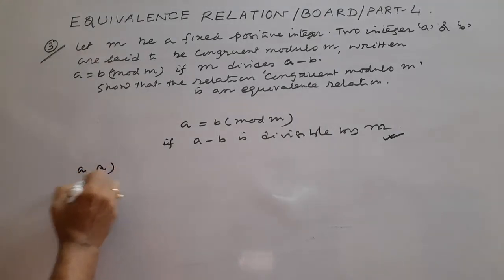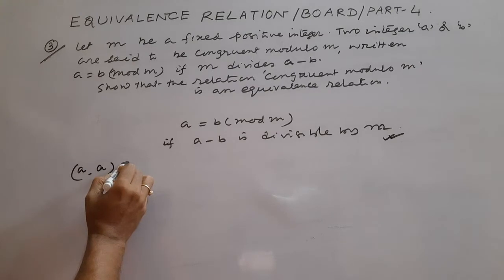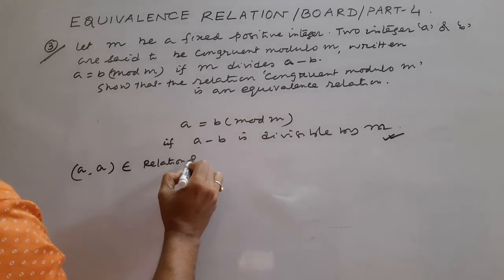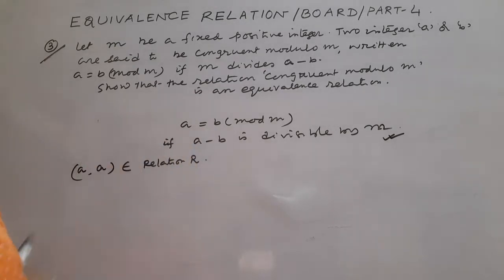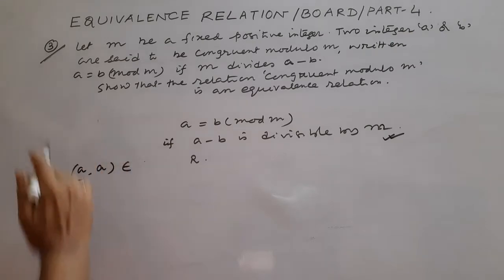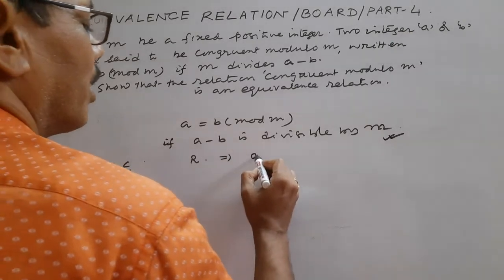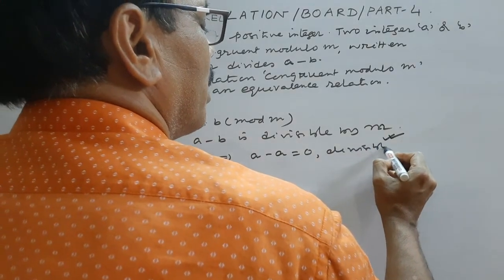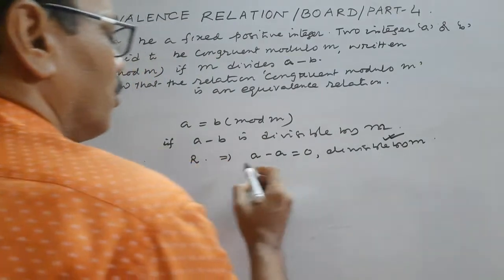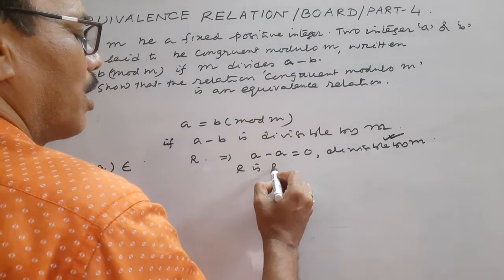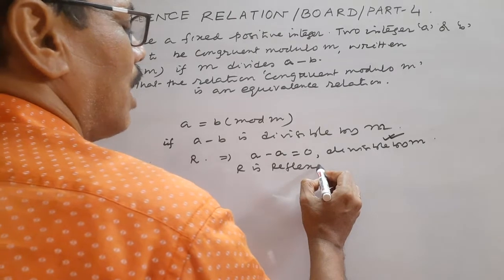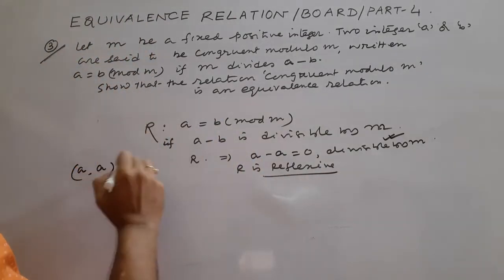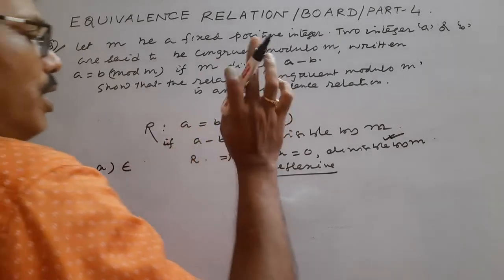So for reflexive, (a, a) belongs to the relation R. Here a minus a equals 0, and 0 is divisible by any number, so divisible by m. So R is reflexive. What is R? R is this relation, a is congruent to b modulo m.